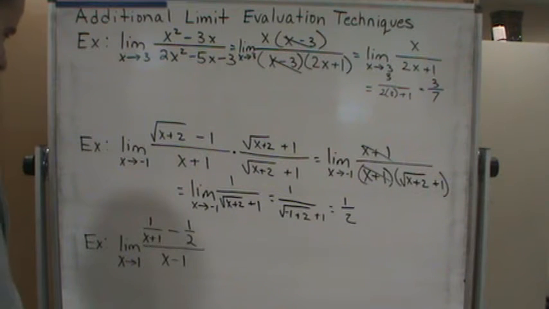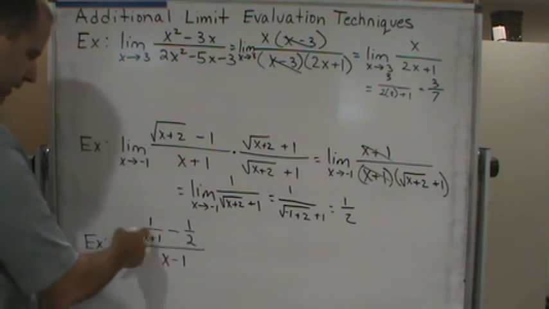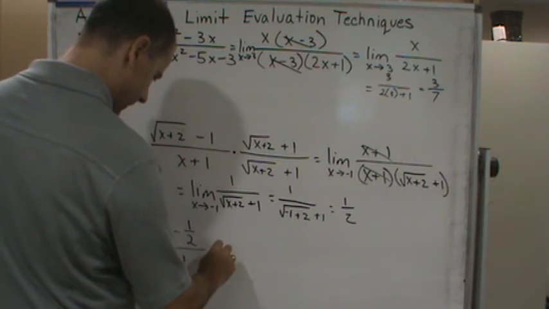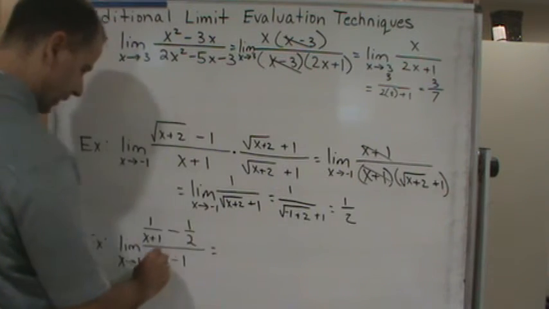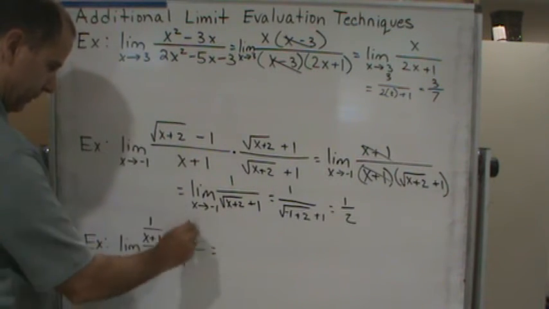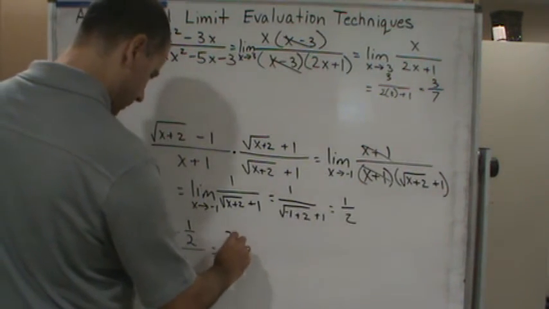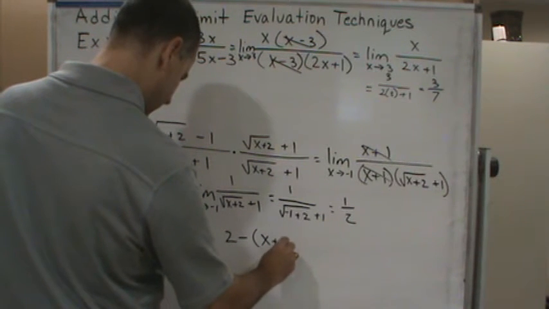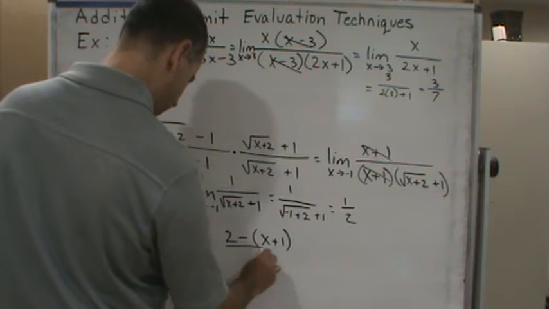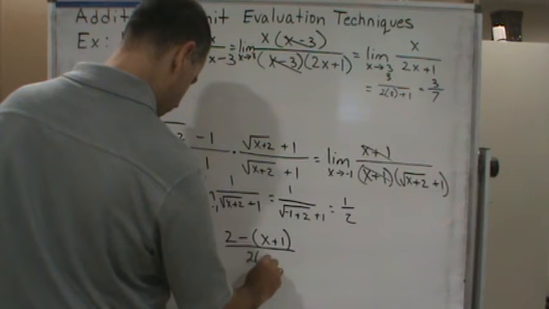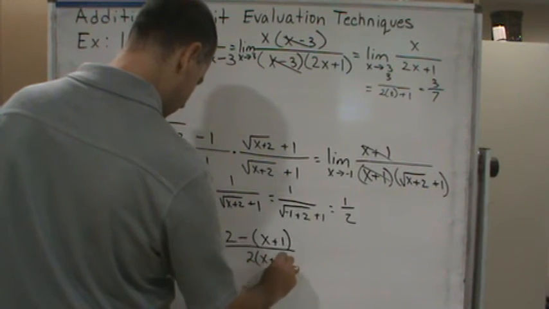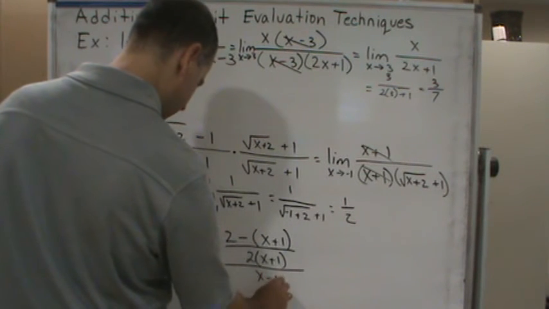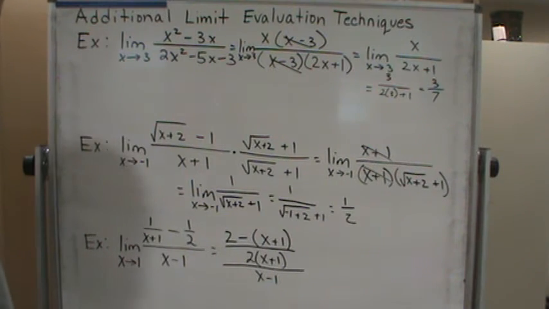Okay? So the first thing I'm going to do is I'm going to get a common denominator on the top. And so I'm going to write this as, again, I'm going to get a common denominator. So this is going to end up being 2 minus x plus 1 over 2 times x plus 1, all divided by x minus 1.